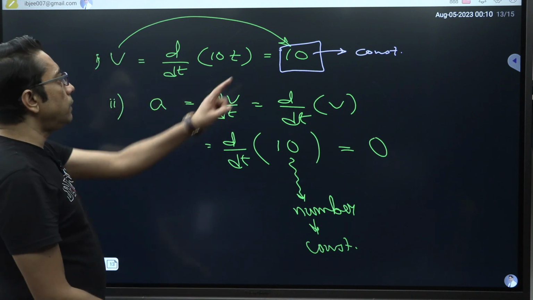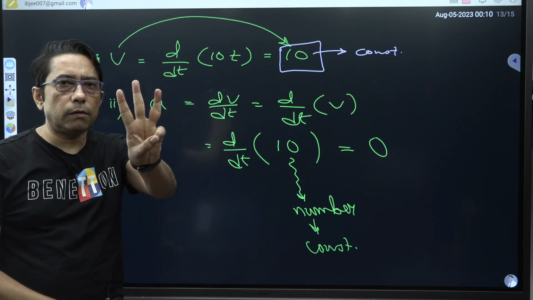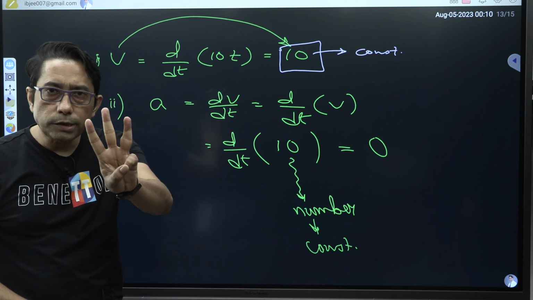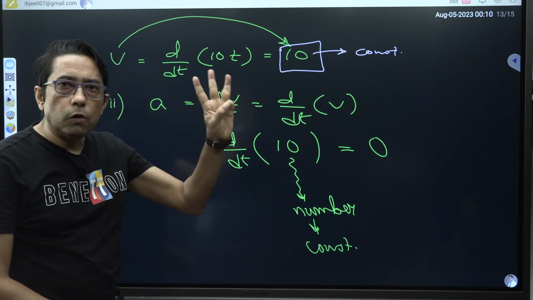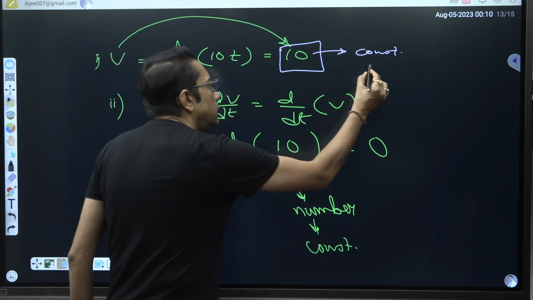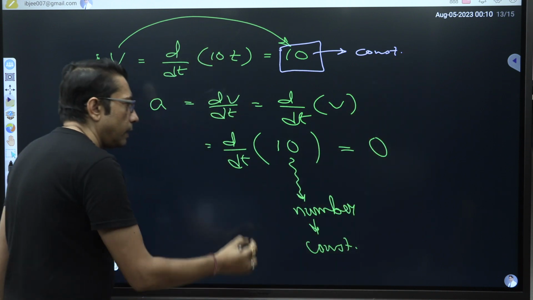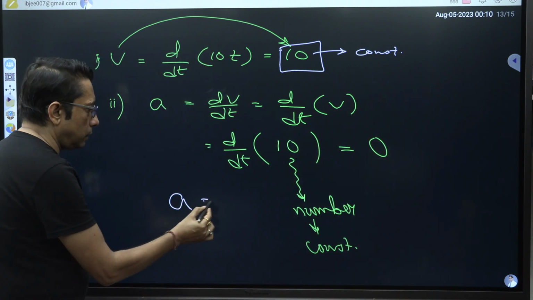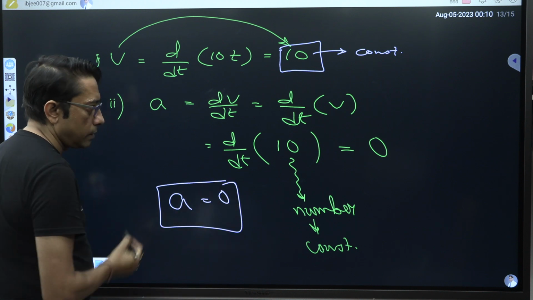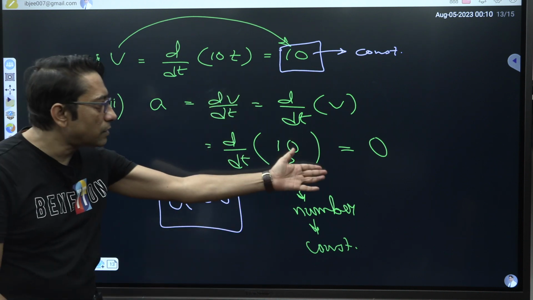Okay, constant value of velocity, I am saying, doesn't it mean that acceleration is 0? Yes, sir. Right? So we got that result only.